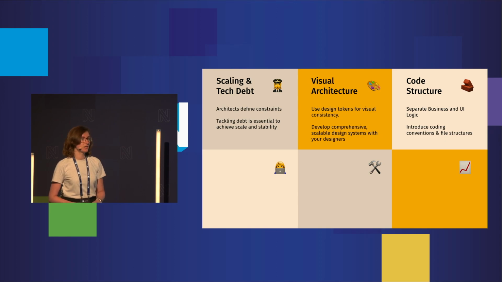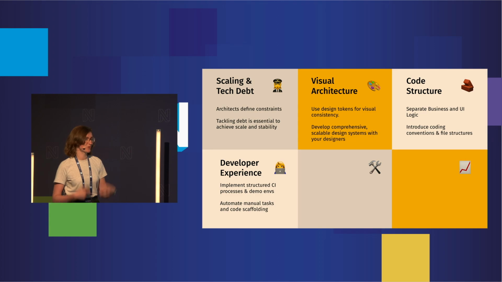You need to define how your commit messages are written, what ESLint rules are active, how your files are formatted. You need to make sure your developers can actually work in the system and develop properly. You want to take away all the manual tasks that they need to do and let them really focus on developing your core functionality. So have good CI processes, have good demo environments, and automate any kind of manual task, like I need to click and create a file that actually is always the same.